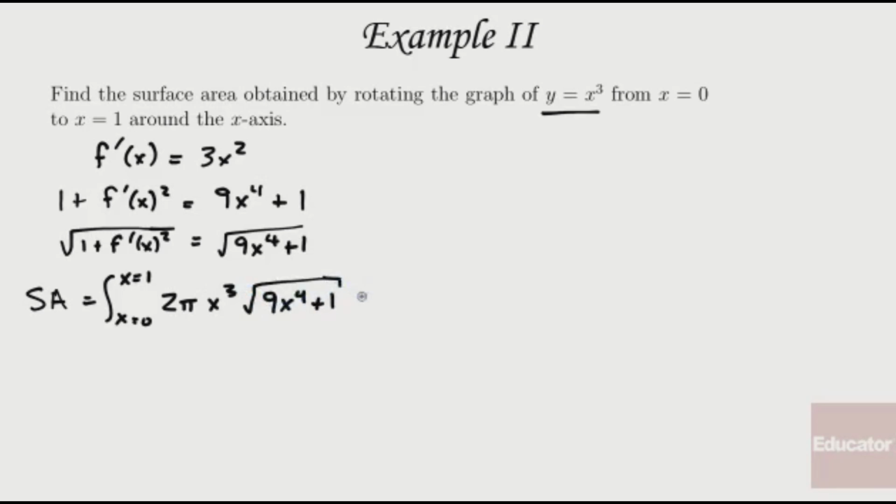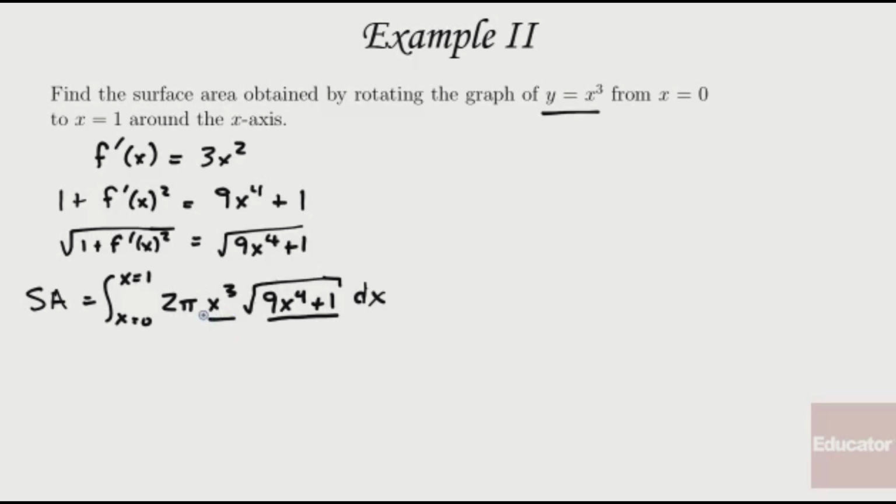plus 1 dx. Now this looks like a rough integral, but it's actually not so bad, because if you notice, we've got 9x to the fourth plus 1 under the radical, and the derivative of that would be 36x cubed, and we have an x cubed outside.